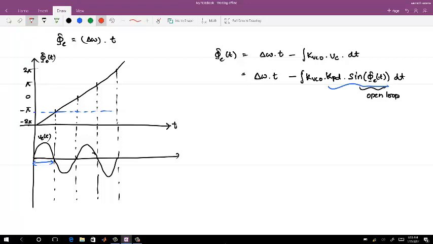For the region when sine phi is positive, it will surely take longer than the time you expected to accumulate the phase phi. So this phase will come to pi at a different instant of time, and similarly it reaches 2 pi at another instant. This is the new phase error, which you can call phi e in closed loop.